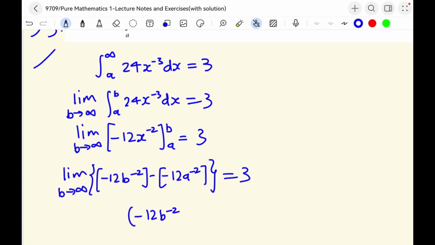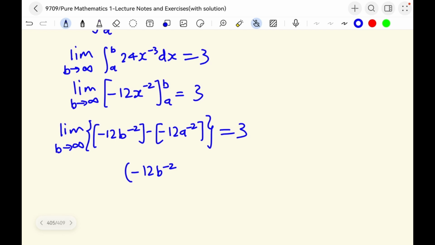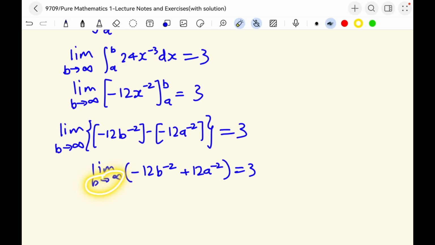We must solve it this way. As b goes to infinity, 1 over b squared approaches 0. That means when you substitute b as infinity, you get 0.